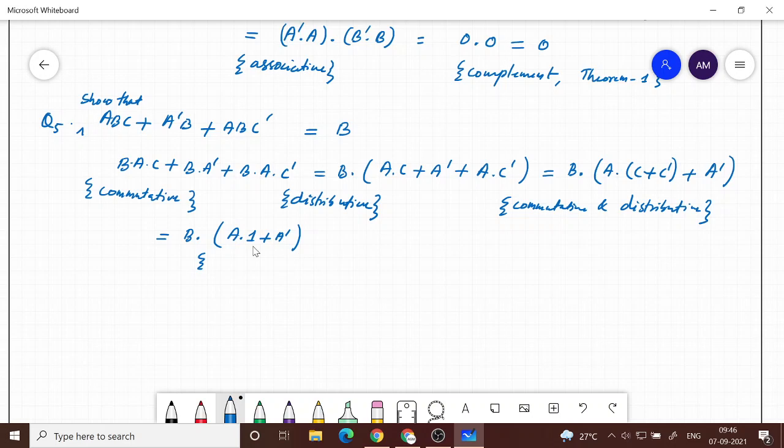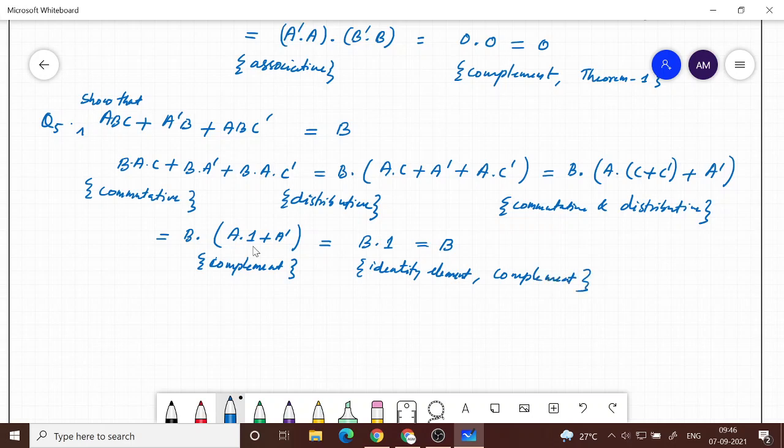Here I have used complement definition, and then A dot 1 is A, and then A plus A bar, so that is A dot 1. So here I have used identity element, so then what else, definition of complement.